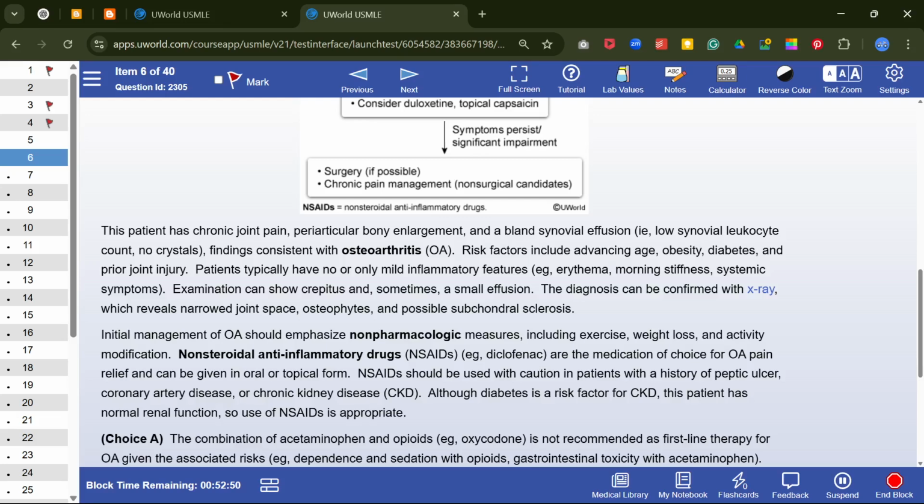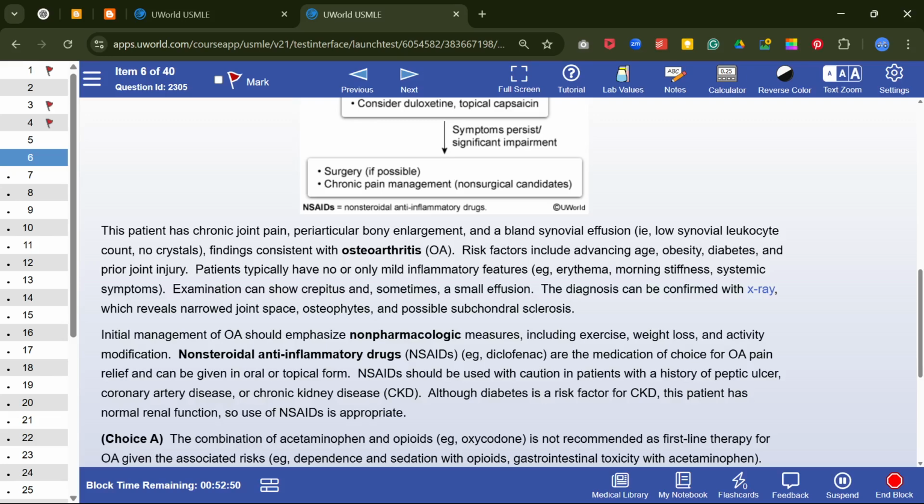Risk factors include advancing age, obesity, diabetes, and prior joint injury. Patients typically have no or mild inflammatory features: erythema, morning stiffness, systemic symptoms. Examination can show crepitus and sometimes a small effusion.